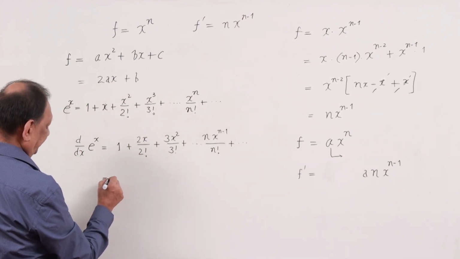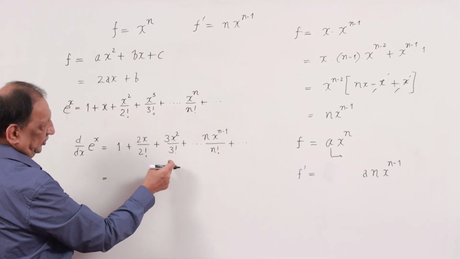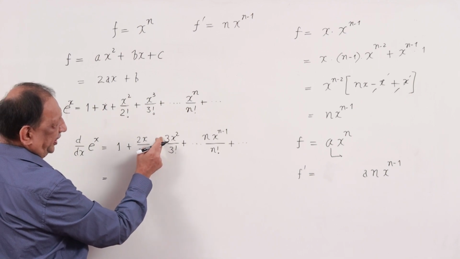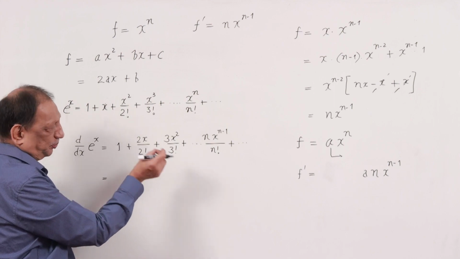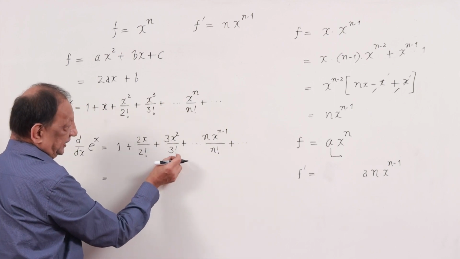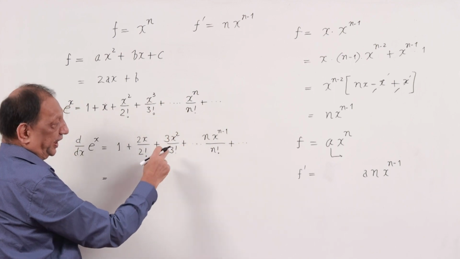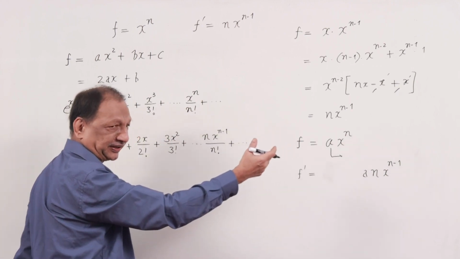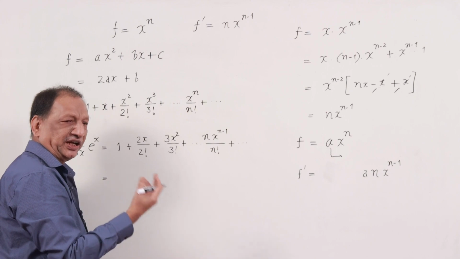Now we can simplify this. The constant in the numerator gets cancelled with the last part of that factorial. So 3 factorial, if you cancel 3 from there, you will be left with 2 factorial. N factorial, if you cancel the last factor n, you will be left with n minus 1 factorial.